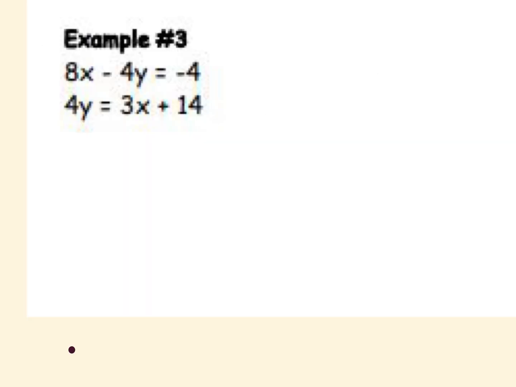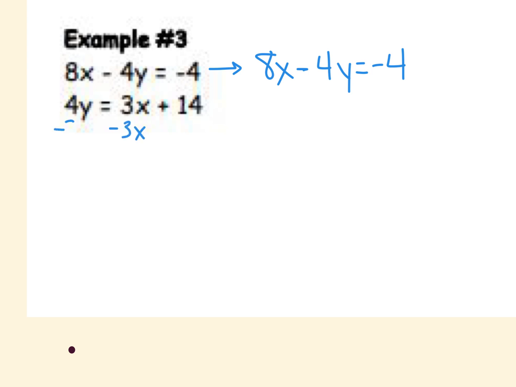So on this one, they're not lined up. So we're going to have to do a little bit of maneuvering. This first one, I'm going to leave it alone. It's 8x minus 4y equals -4. That's, if you recall, called standard form. And now, how do I make that bottom one line up? What do I need to do? Very nice. I need to minus my 3x.